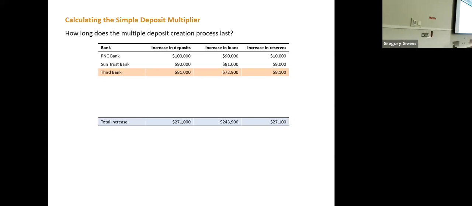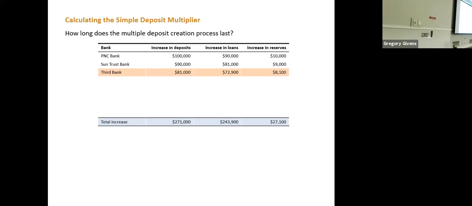So the first line has what? There was a $100,000 deposit at PNC. PNC loaned out 90,000 of it and kept 10,000 as required reserves. That 90,000 gets eventually deposited in Suntrust Bank, where Suntrust keeps 9,000 of it in reserves and loans out 81,000.